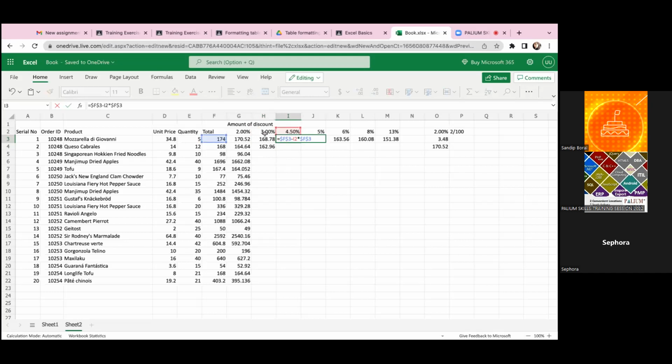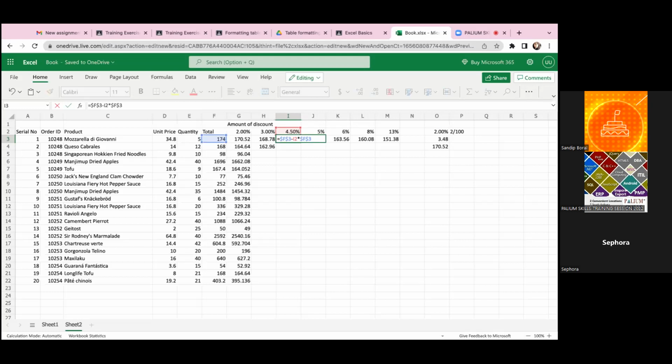So that is working fine now. Are you following, Sandeep? Yes, sir. Sir, the reason I'm going right side, that is why I have to unlock the row 3, right, sir? No, I have to unlock the G because G will become H, H will become I. So my row 2 has to be fixed.